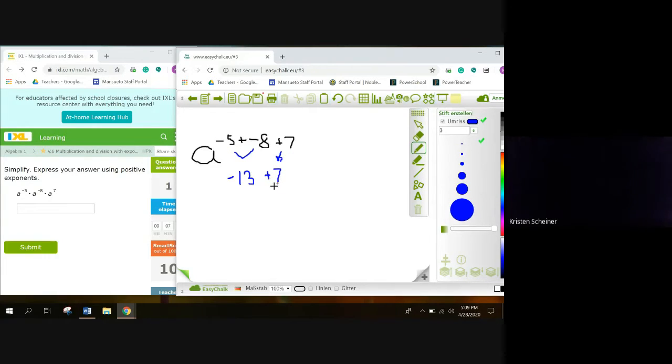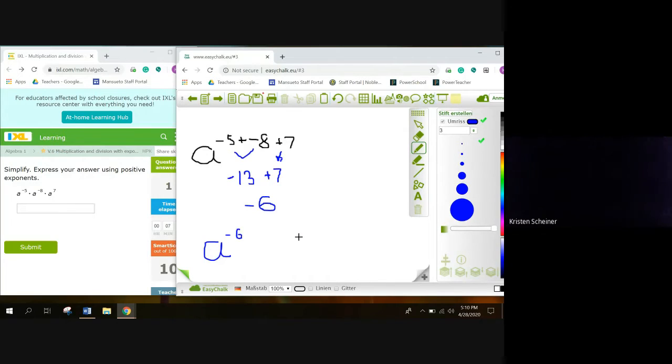Negative 13 plus 7 is going to give us a negative 6. And we just need to remember that our base is a, and now all of this is raised to a negative 6.